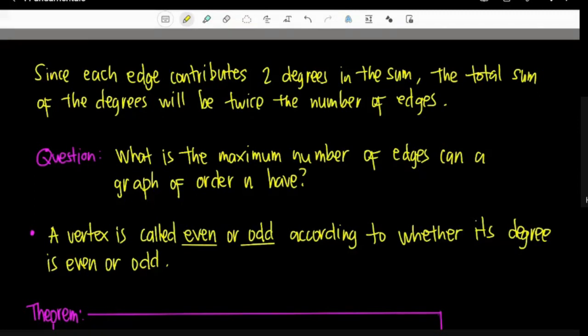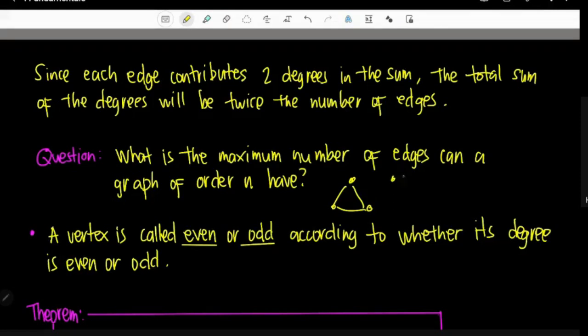What is the maximum number of edges that a graph can have, if the graph has total n number of vertices? So, for example, pag tatlo, madali lang tingnan yan. I-handshake mo yung bawat isa. That's the maximum number of edges.